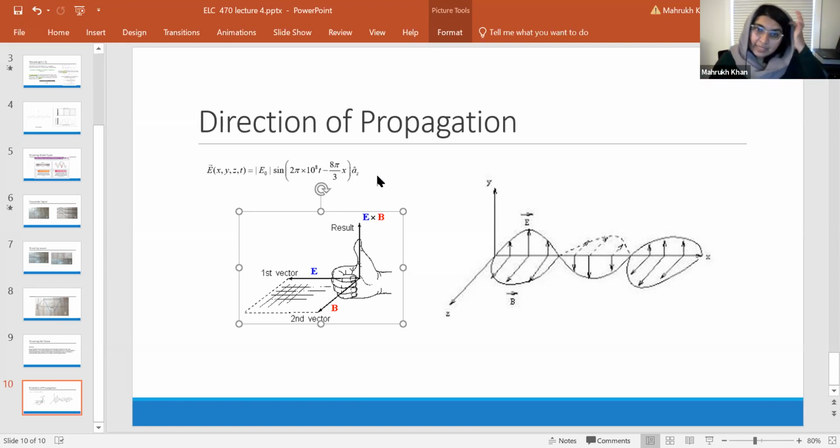That's why you see the difference between the unit vector and the direction of propagation. Okay? Is it clear?